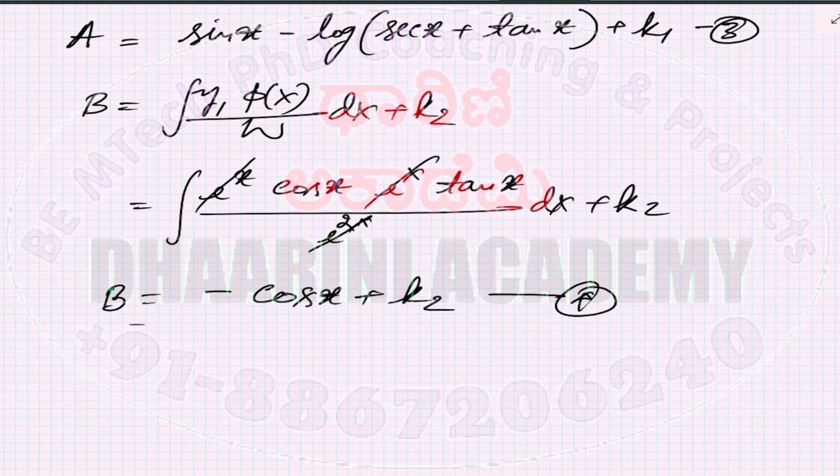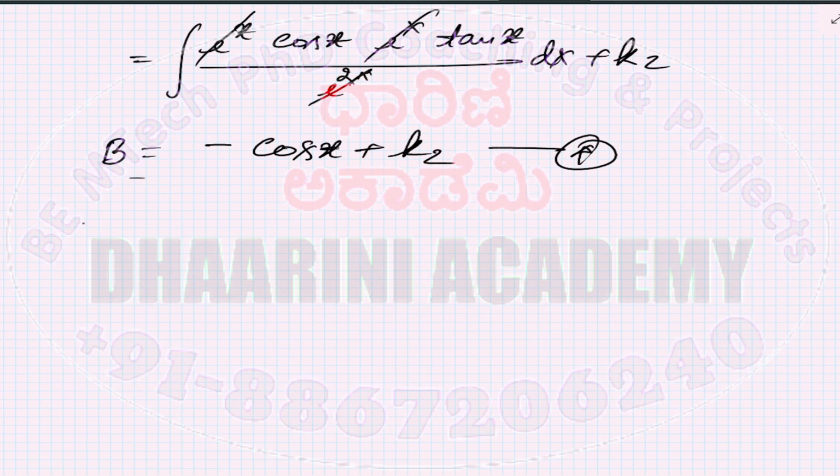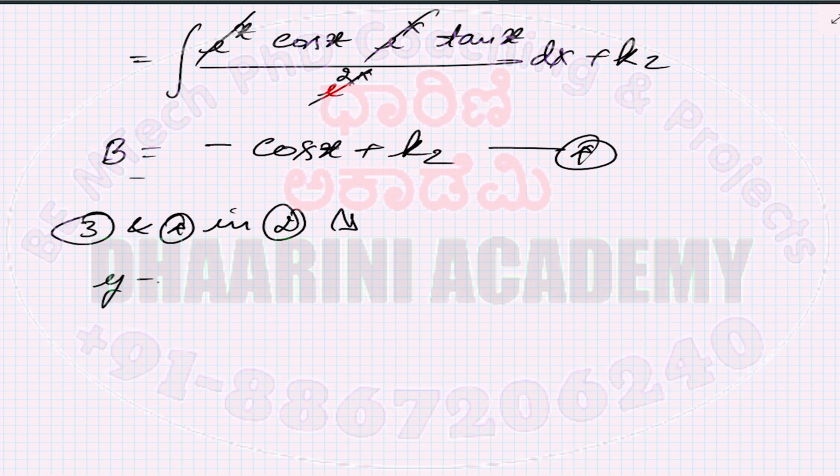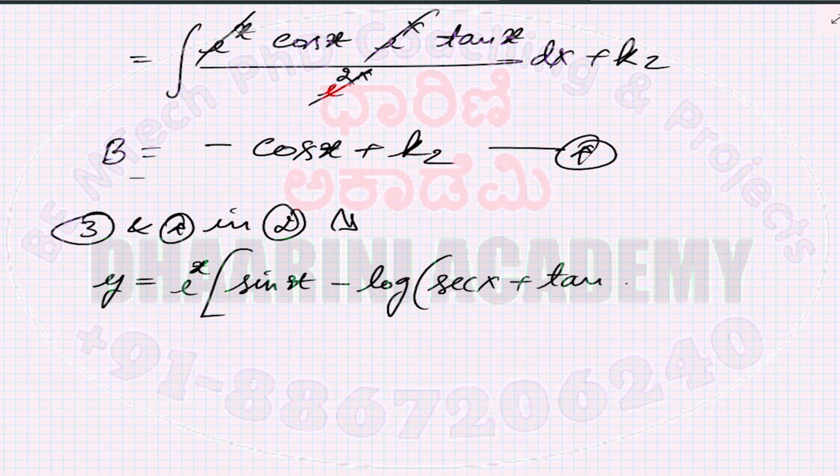Right. Now using this 3 and 4 in equation 2, we'll substitute the third and fourth equation in 2. Therefore we get y is equal to, there is an e to the x outside into, I'm writing A now, so A is sin x minus log secant x plus tan x plus k1.